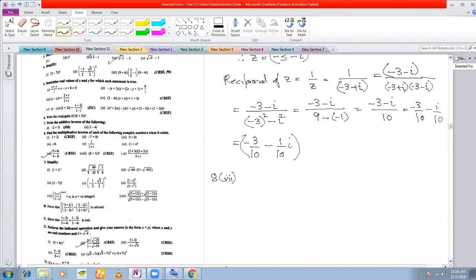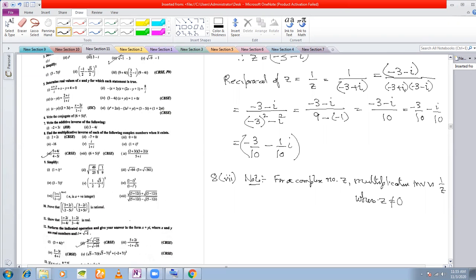If it exists means, see, I told you that for a complex number z, the multiplicative inverse is one by z, where z cannot be equal to 0.